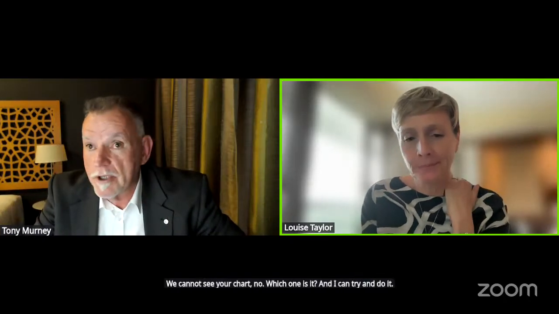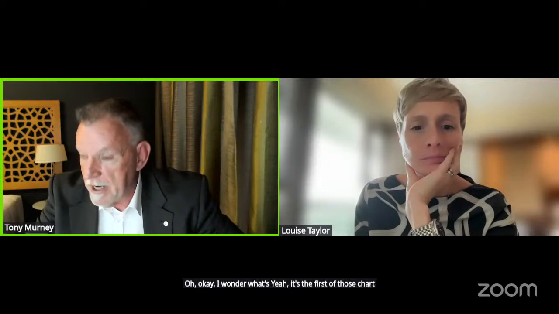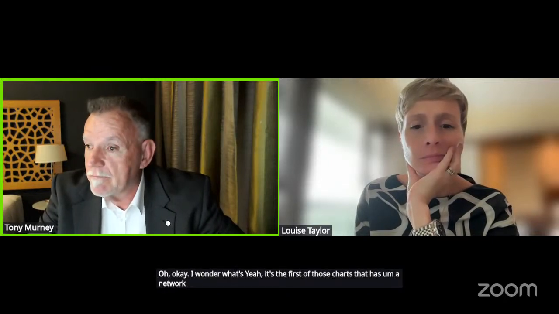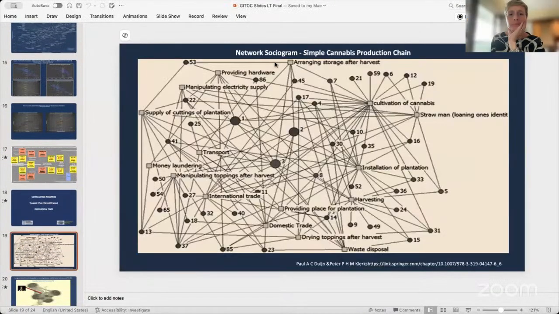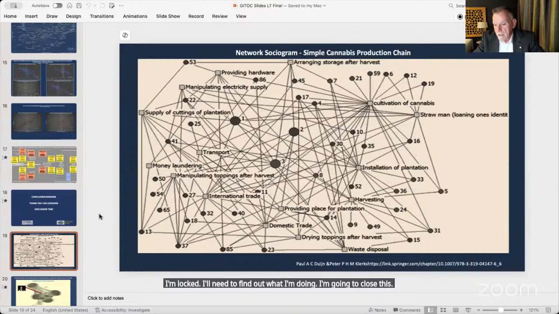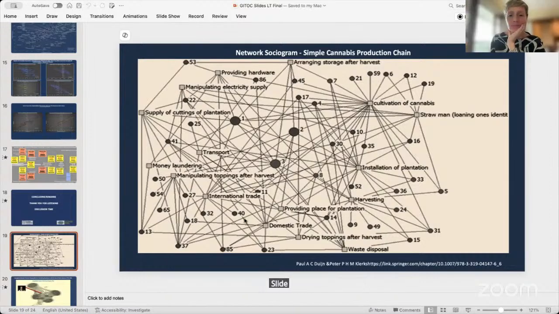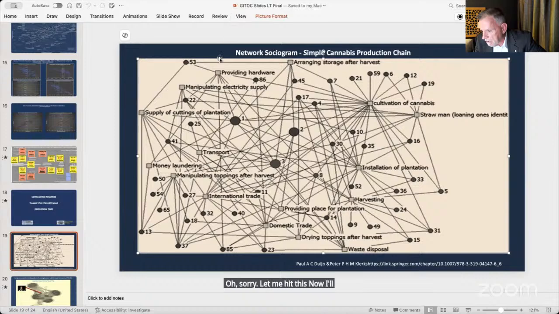Yeah, it's the first of those charts that has a network on it, straight after the finishing page. That one. I'm locked. I'll need to find out what I'm doing. I'm going to close this. Slide 19. Yeah, I need to. Oh, sorry, I know what I've got to do. Let me hit this. Now I can get back into Zoom.